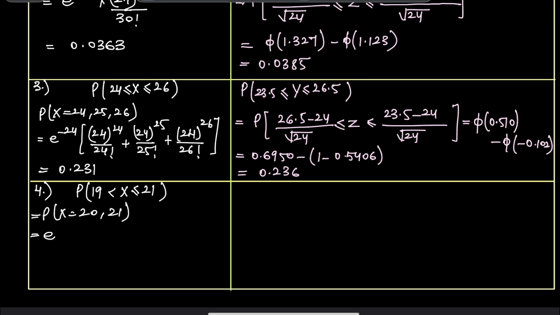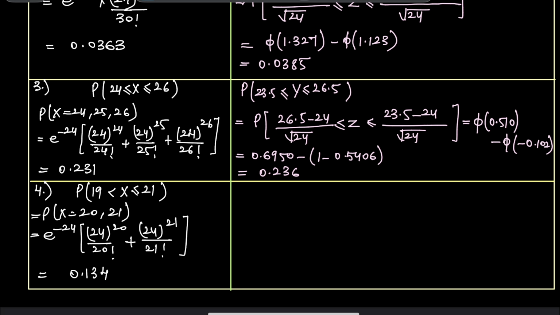For this, I will write e raised to the power minus 24. Open the brackets. You will write 24 raised to the power 20 over 20 factorial plus 24 raised to the power 21 over 21 factorial. Close the brackets. We will use a calculator to find the answer as 0.134.